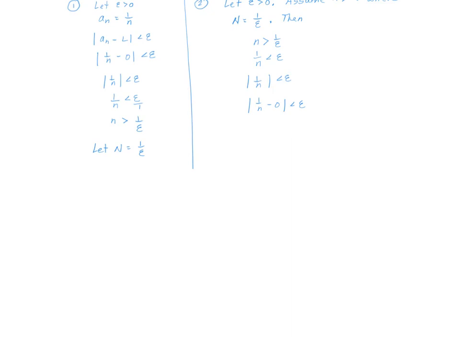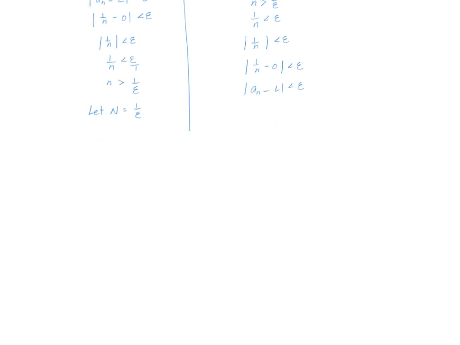I've shown that for this particular capital N value of 1 over epsilon, I get a sub n minus L is less than epsilon, which is what I was supposed to show. Therefore, I can conclude that the limit as n goes to infinity of 1 over n is equal to 0.